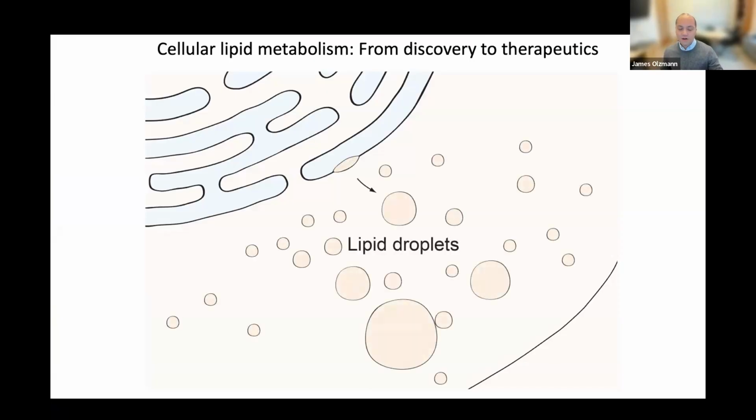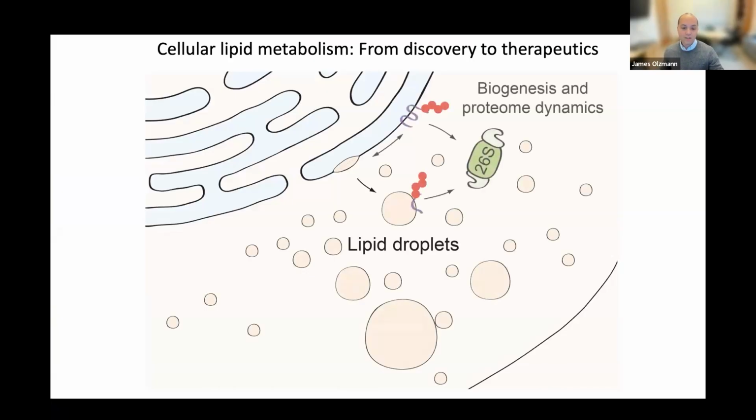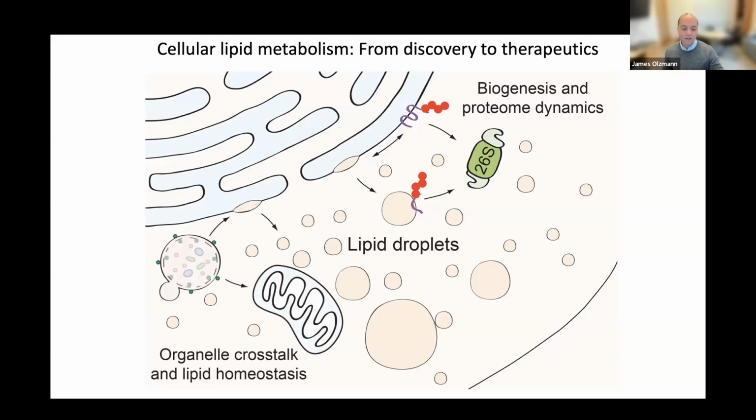We're interested in ER-derived neutral-lipid storage organelles called lipid droplets, how these organelles form, how proteins target these organelles, and how proteins are degraded from these organelles to remodel the proteome under different conditions, for example, by the ubiquitin proteasome system. We're also interested in how lipid droplets make contact with other organelles and the composition and functions of these membrane contact sites, for example, to regulate signaling or the transmission of lipids to organelles within the cell.